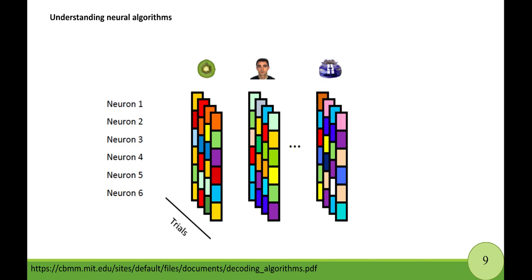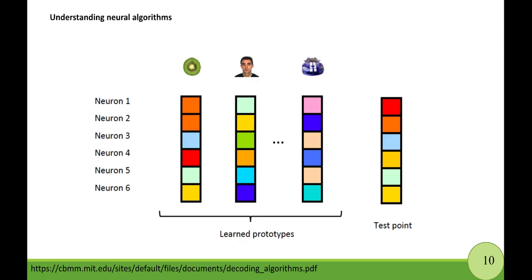So imagine we do a simple case, where we're training based on this data, and the algorithm learns these prototypes, which say that these are the neural activity of the kiwi, and this for face is the representative of the neural activity of the human face, and etc. Up to a category, in this case a car, and we can say that these are the patterns.